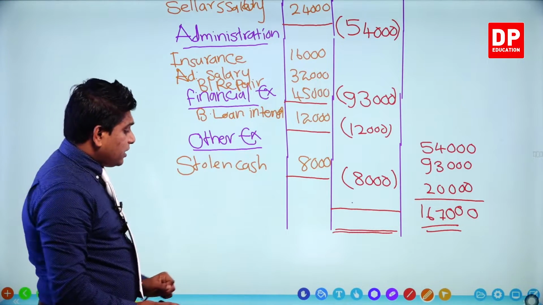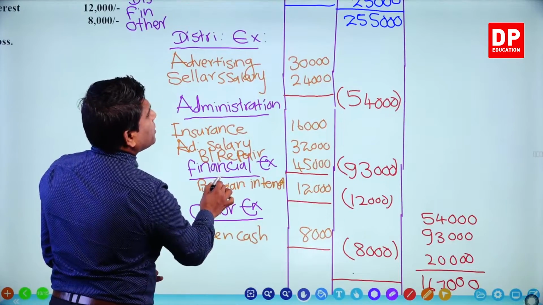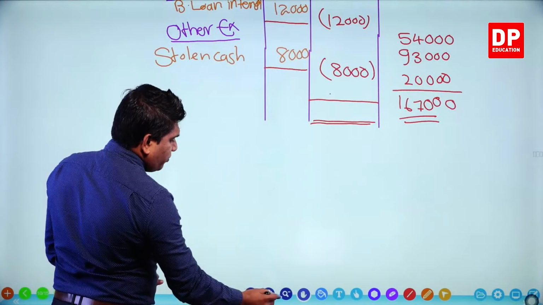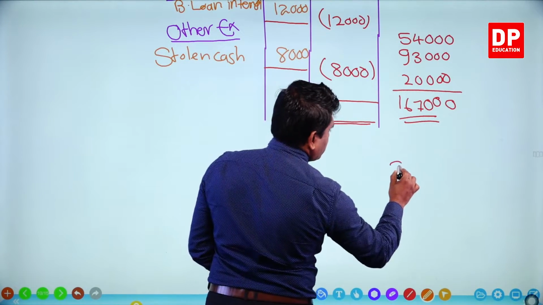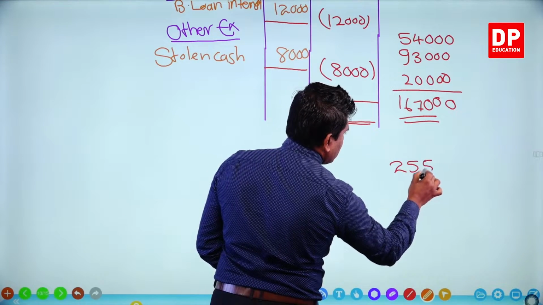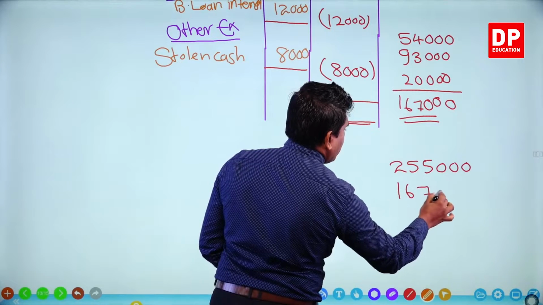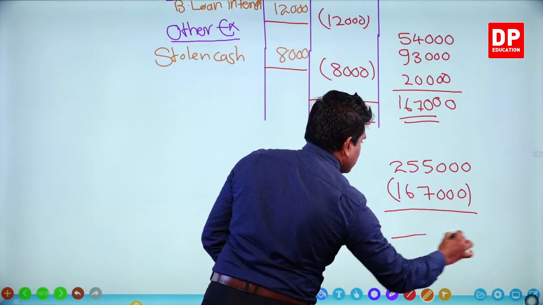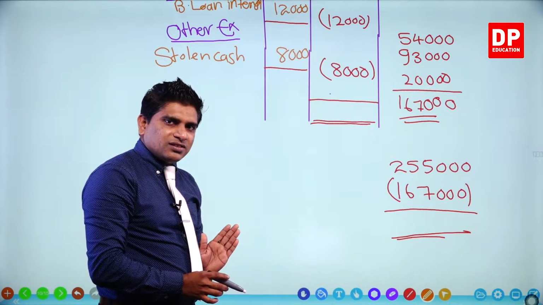Now you can see on the top, you can see total income. How much? 255,000, right? Then what do you do? From 255,000, these are the total income, 167,000 is the total expenses. Then you know the theory is this: from the total income, you have to minus total expenses, right?